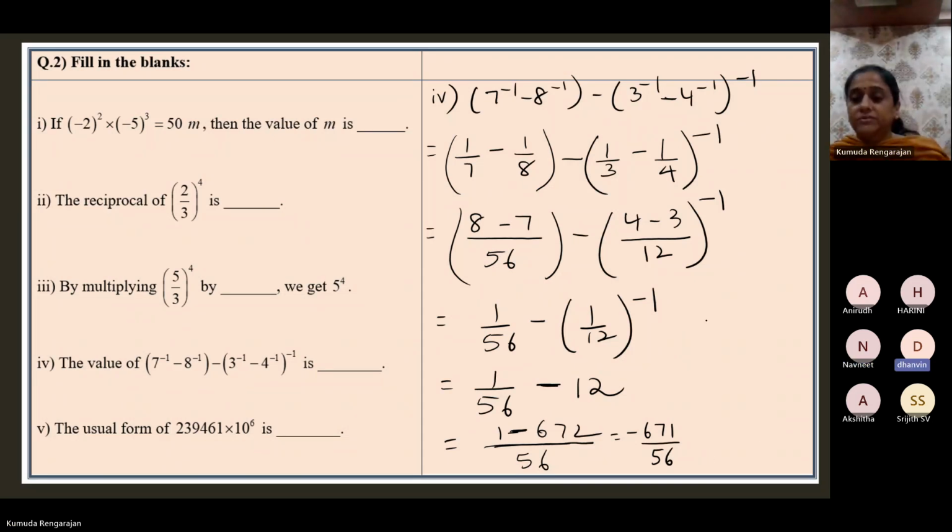Ma'am, what does usual form mean? The usual form means how you normally write the number. Standard form and scientific form are the same.